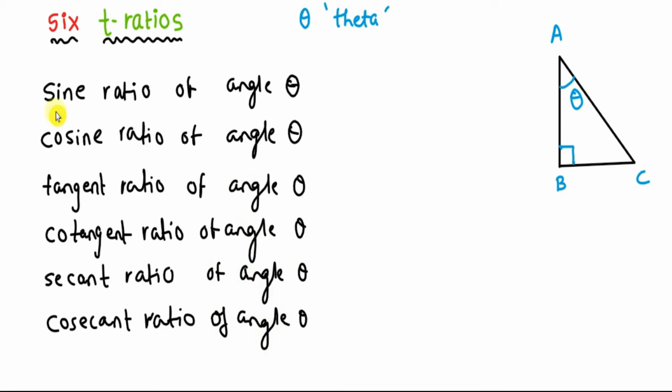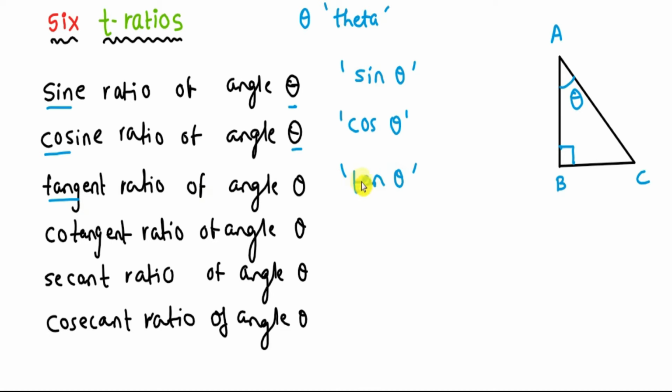We generally do not write full forms like this. We write them in short. So sine ratio of angle theta is in short written as sine theta. It means the ratio is sine of the reference angle theta. In the similar manner, cosine ratio of angle theta is written as cos theta. So the ratio here is cos and the reference angle is theta. Tangent ratio of angle theta is written as tan theta.